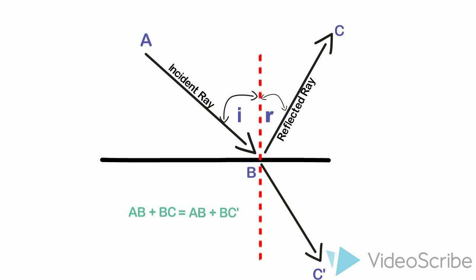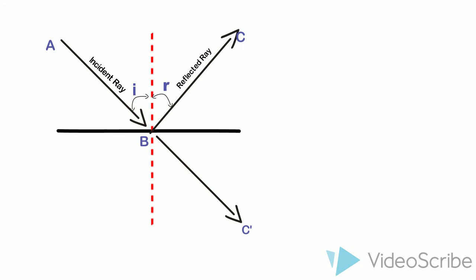Now, for AB plus BC dash to be as short as possible, A, B, C dash have to be collinear. That is, they should lie on the same line. Now to reach point C dash, light being smart enough will take the quickest path and will travel in a straight line. So this diagram will look something like this.